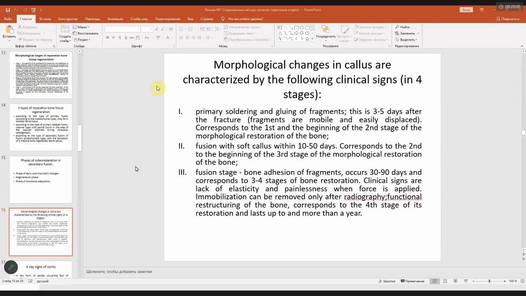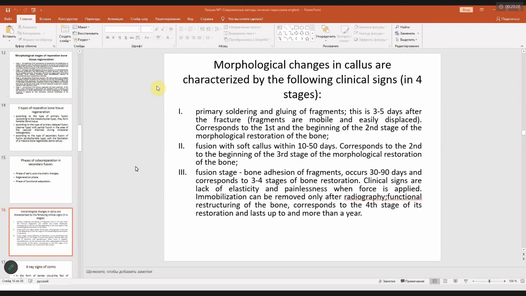Fragments are mobile and easily displaced. Corresponds to the 1st and the beginning of the 2nd stage of the morphological restoration of the bone. 2.